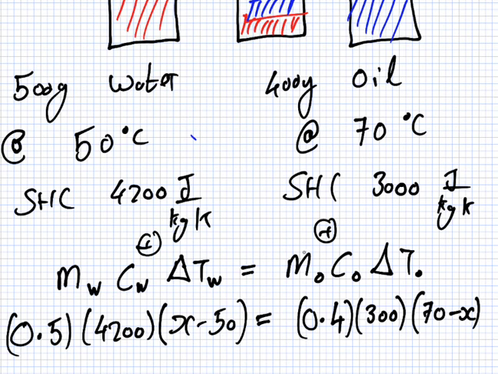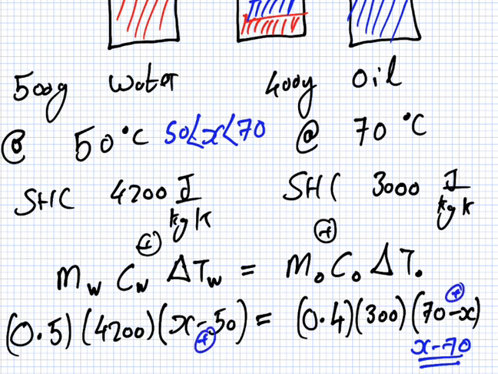You might ask why I don't do x minus 70, but that number would be negative. We picture x being somewhere between 50 and 70, so I want both delta T's to be positive.